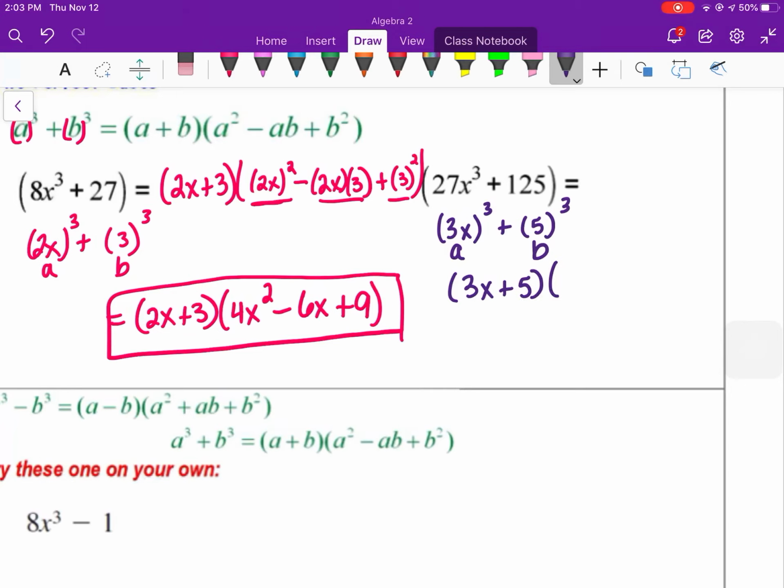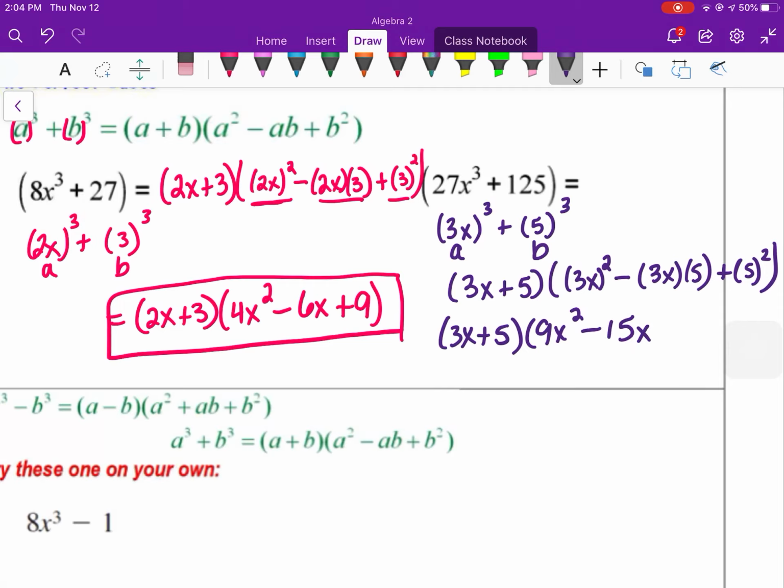And then 3x squared minus a times b, 3x times 5, and then plus 5 squared. So 3x plus 5, 3x squared would be 9x squared, minus 3x times 5 would be 15x, and 5 squared would be 25.